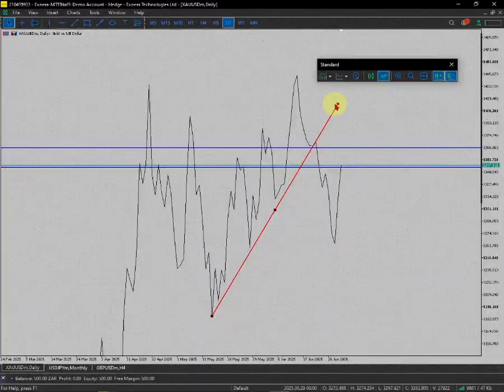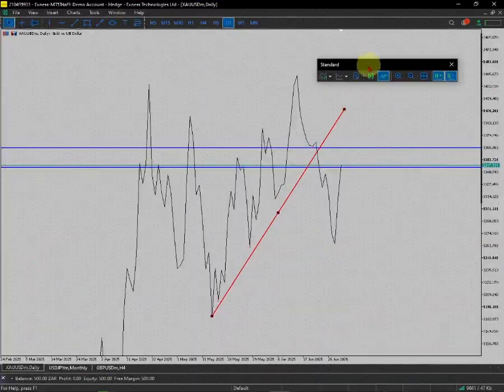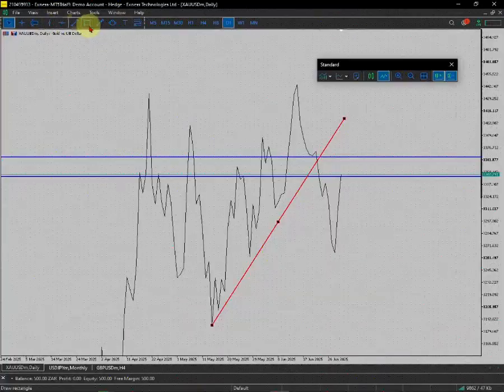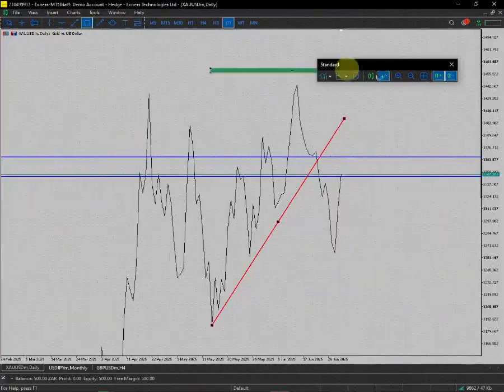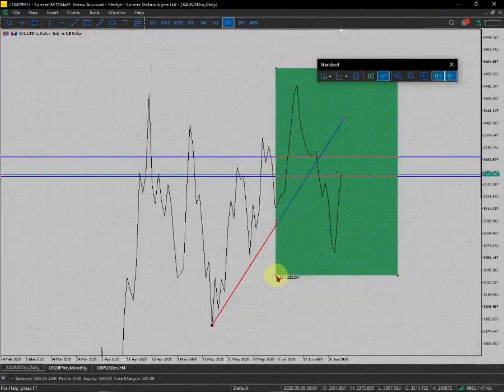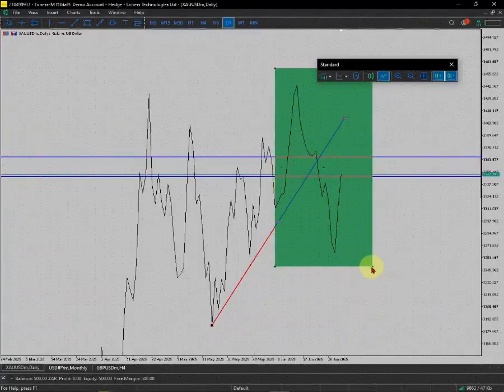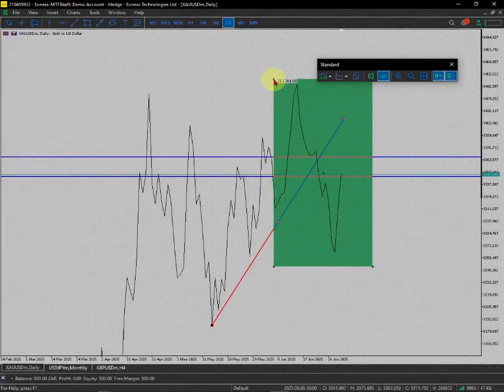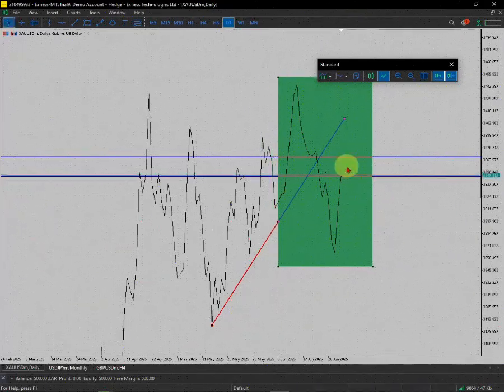Since my trend line has been broken on this daily, the only place that I really want to focus on is right here. This recent move that has happened, this is where I really have to focus.